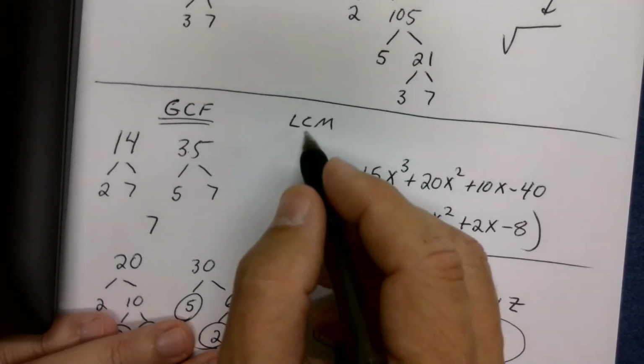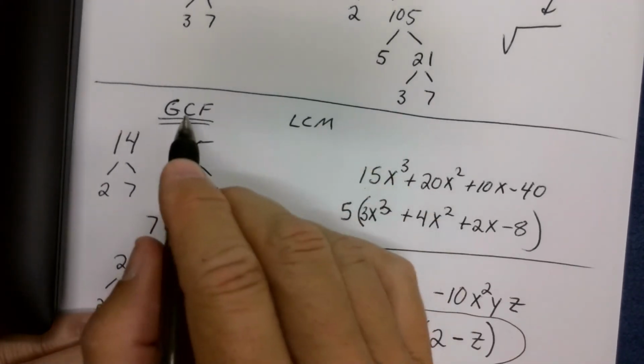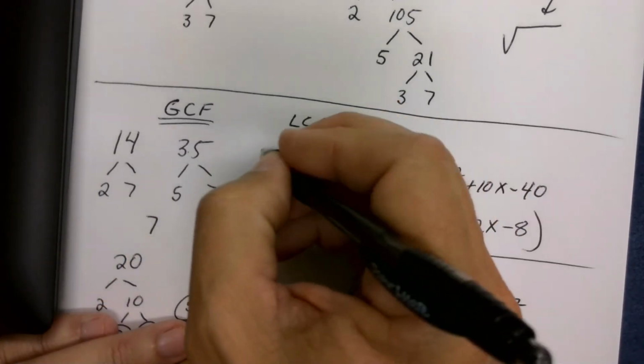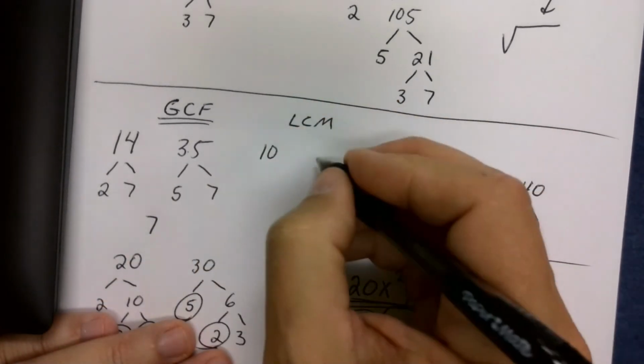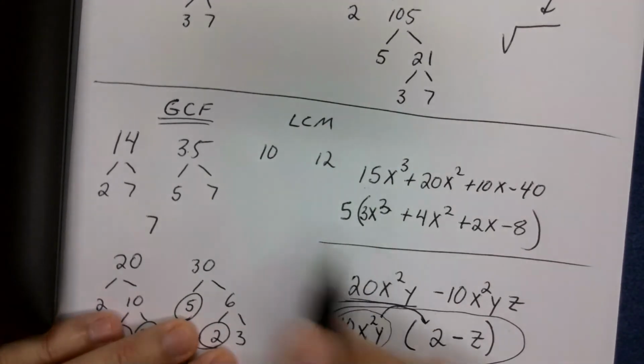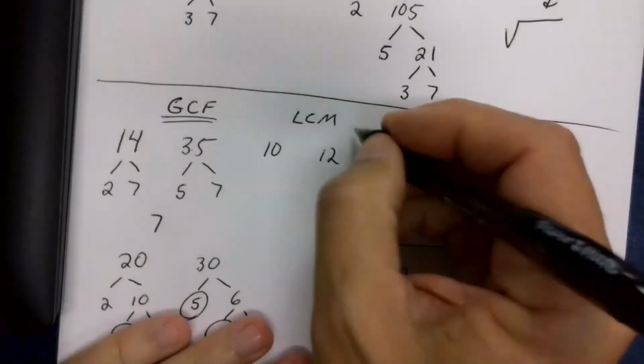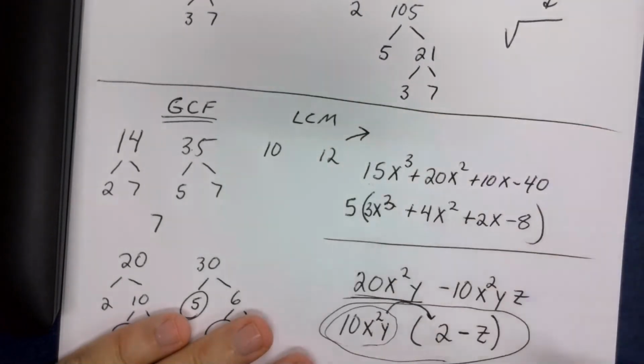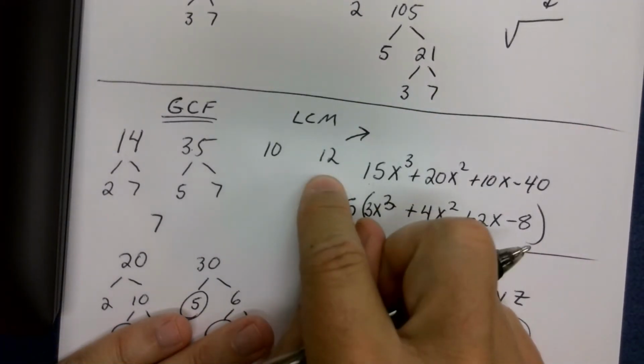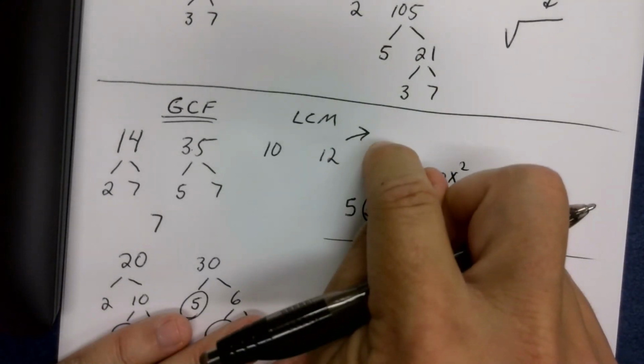Now, lowest common multiple is kind of like the opposite of GCF. So 10 and 12, I'm going to kind of sneak this in here in the middle. The lowest common multiple is the number that is equal to or bigger than 10 and 12, but the lowest possibility that it is.